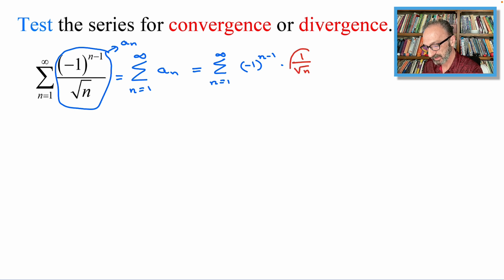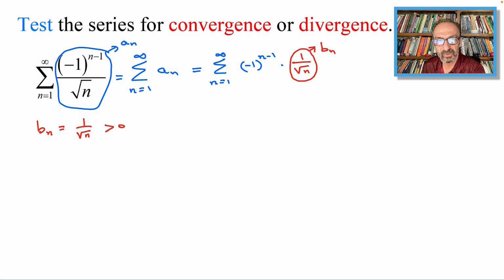And this part right here is b sub n. Now clearly b sub n, which is 1 over square root of n, and n is an index that takes values from 1 to infinity, is greater than 0, which is positive.